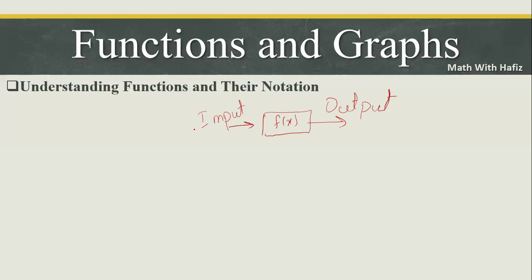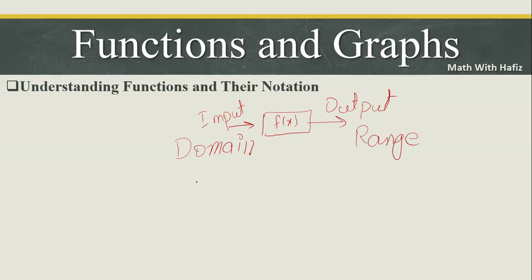The input, you call it the domain. Domain means the things you are providing, and the output you call the range. We'll talk about range and domain in detail in the next slide. For now, we are just going to understand the function.